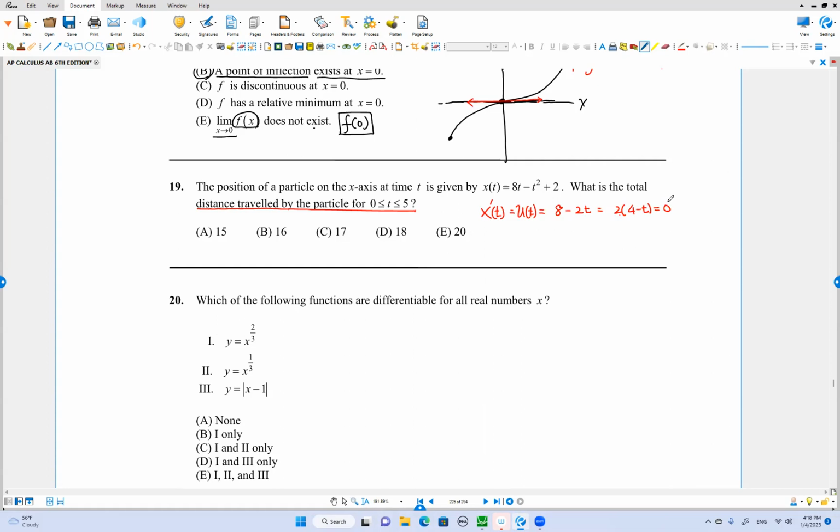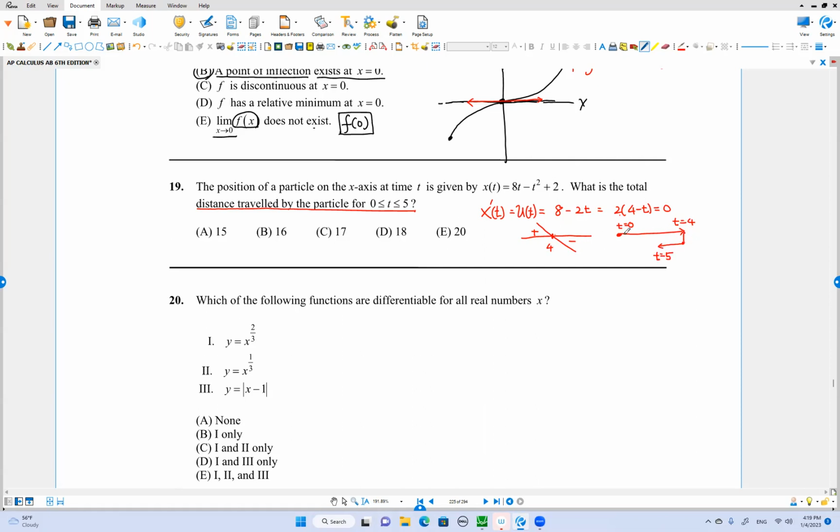So the derivative, when t is less than 4, is what? Positive, right? This is the graph, look at positive, and then negative. That means from 0 to 4, it is positive, so it moves to the right. Yeah, moves to the right. After 4, from 4 to 5, it moves to the left.